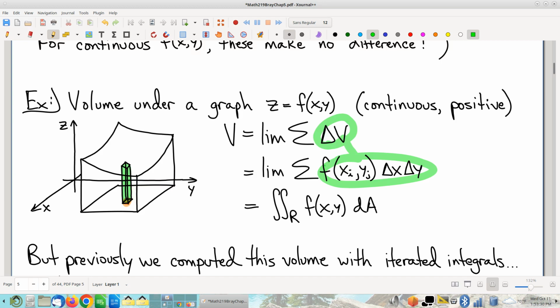But in the limit, that's going to go away, right? A lot like when we saw similar analyses to the area under a curve question with single variable calculus. So as far as the limit's concerned, this is basically a little tall, skinny, rectangular box, and volume is height times the area of the base. Is everybody happy?